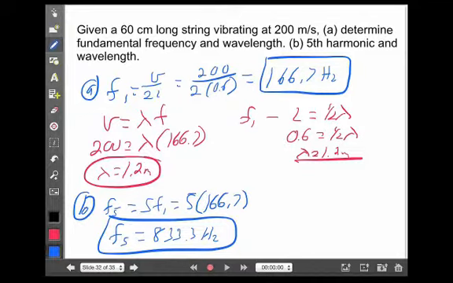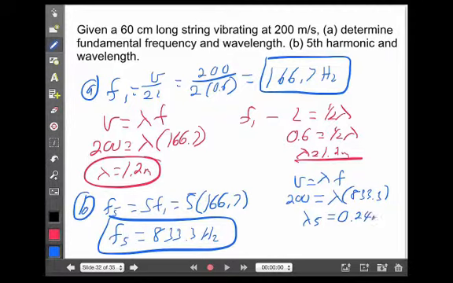Now, how do I get the wavelength? Well, again, sort of two ways to do it. First of all, the easiest way, probably the safe way, stick with your wave equation. Still vibrating at 200. Again, it has to keep vibrating at that same constant rate because it's a set medium. The new frequency, 833.3, gives a wavelength at the fifth harmonic of 0.24 meters.